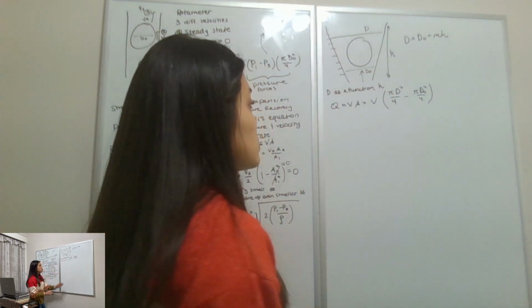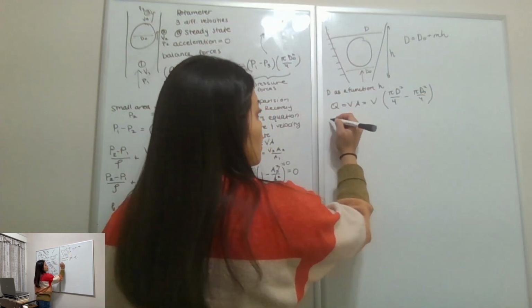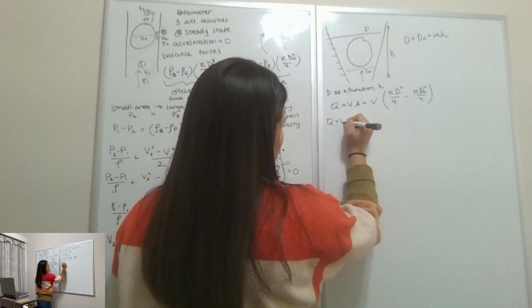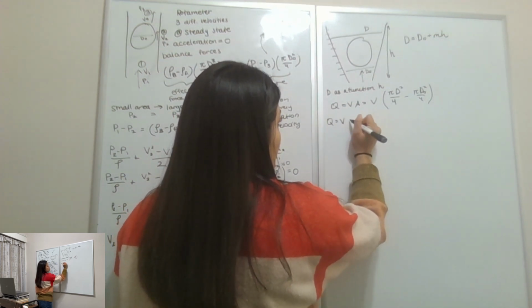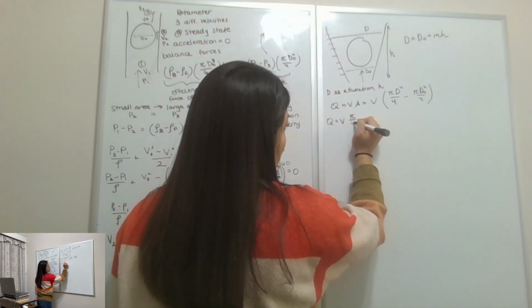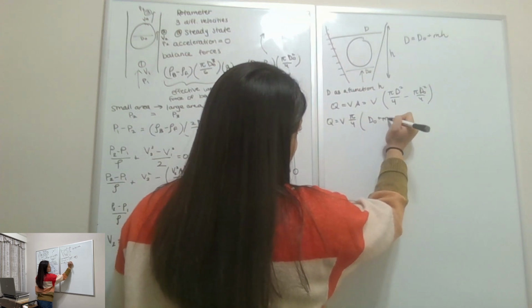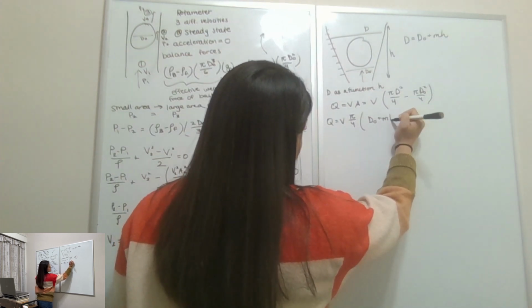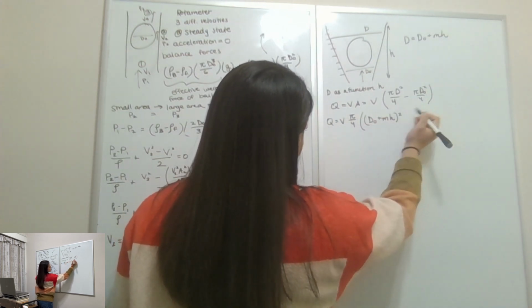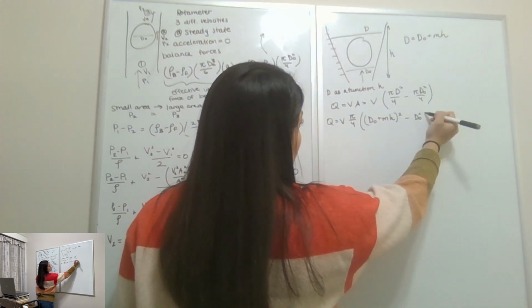If we plug this equation in for diameter here, we have the flow rate equals the velocity times, distributing out pi over 4, the initial diameter plus the slope times the height, that quantity squared, minus the initial diameter squared.